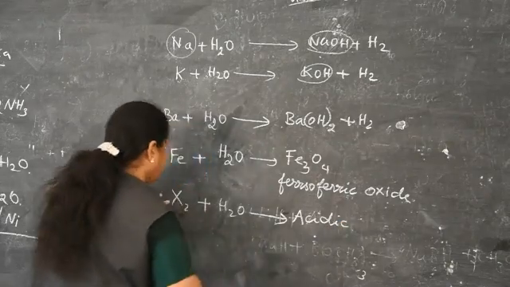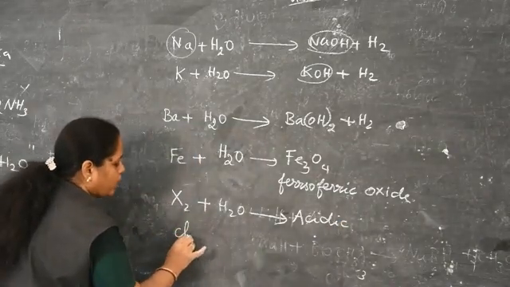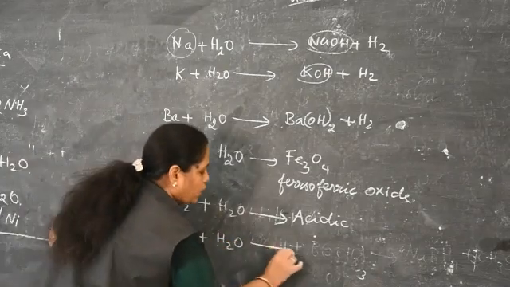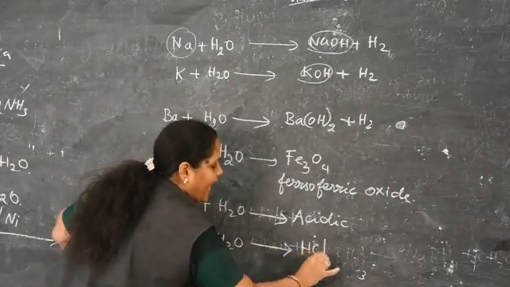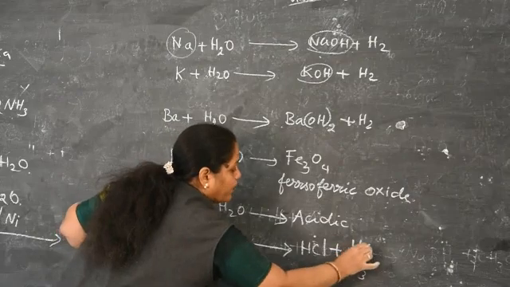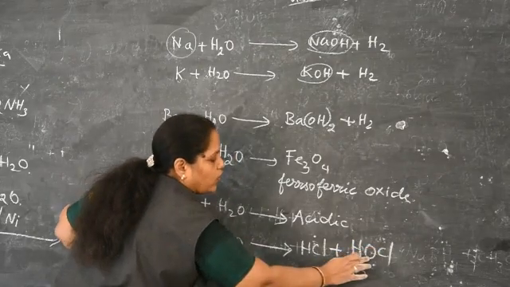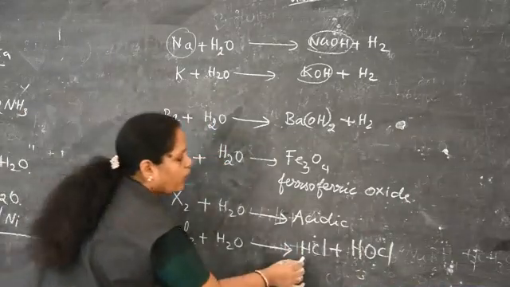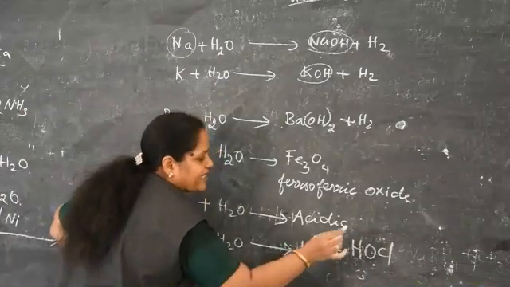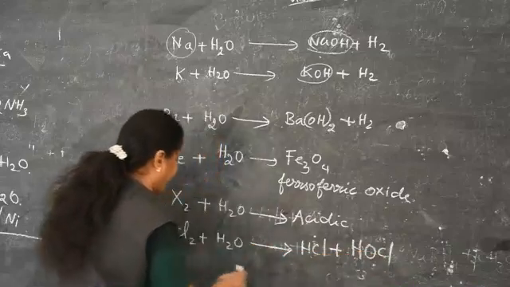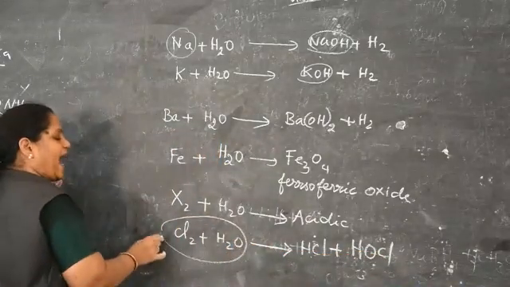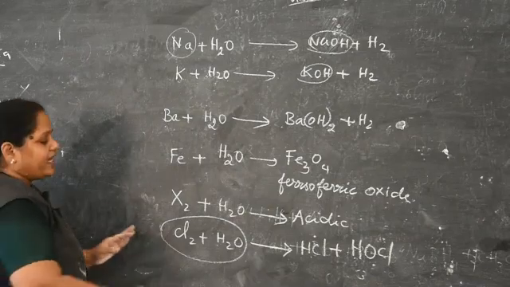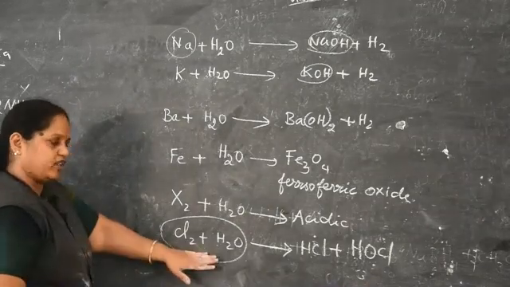Let us consider chlorine reacting with water: it gives hydrochloric acid and hypochlorous acid. HOCl is called hypochlorous acid. Due to the formation of hydrochloric acid and hypochlorous acid, chlorine water acts as an antibacterial agent, and it is used as a bleaching agent.